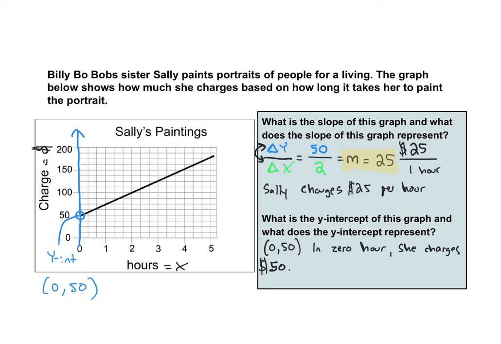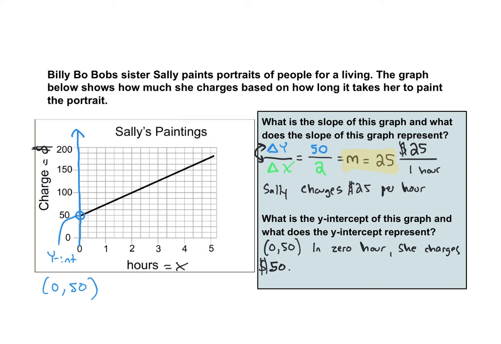That would be her flat rate. Or before anything else happens, it's like the base rate. You have to pay this initial fee of $50, and then every hour she works, it's $25 more.